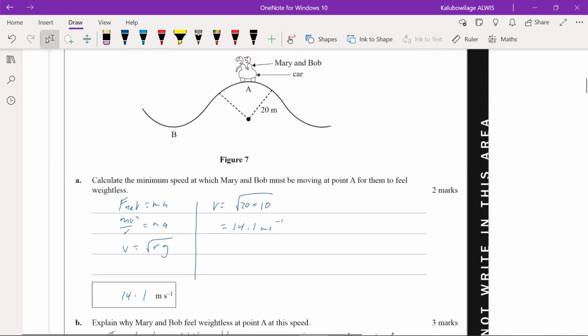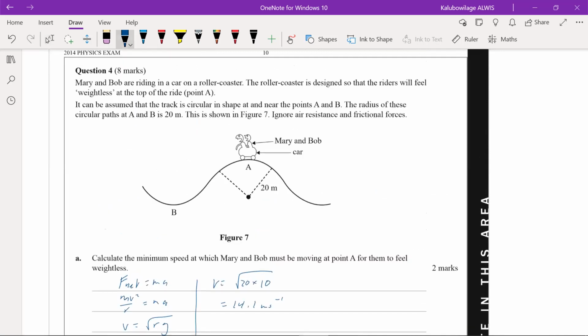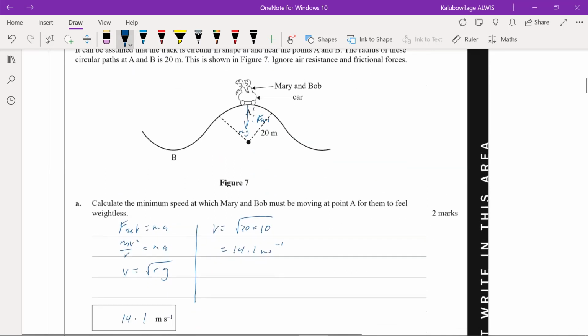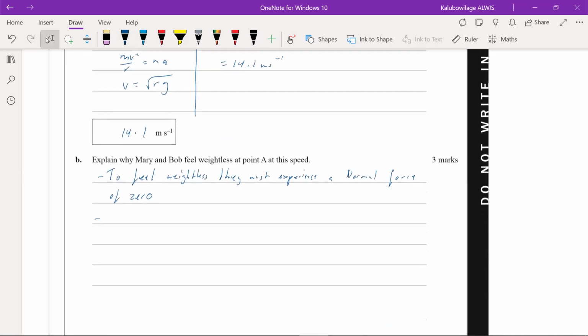So at this point, they have mg and the F net.